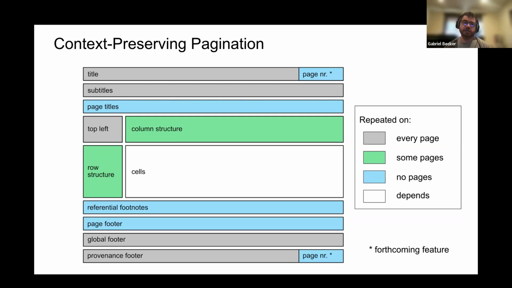So we have titles and subtitles and global footer and provenance footer, and these are on every page. Regardless of whether you're paginating horizontally or vertically, your titles and your title materials are going to appear on every page. You have page titles, which I don't think we get a chance to talk about in this talk, but if people have questions, they can ask.